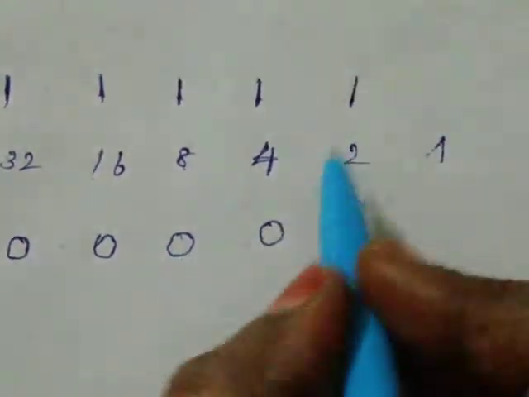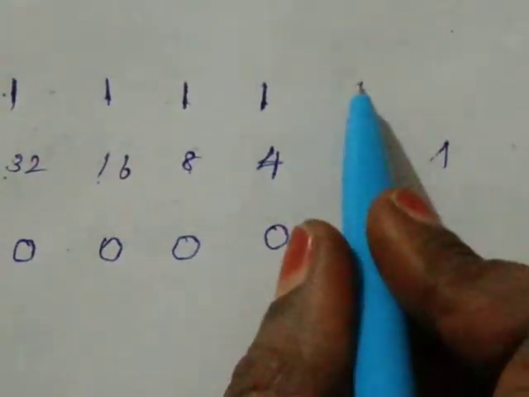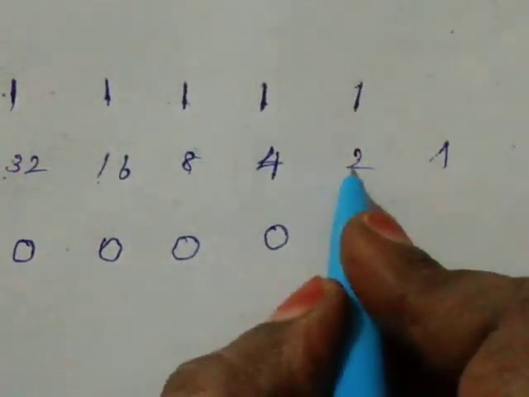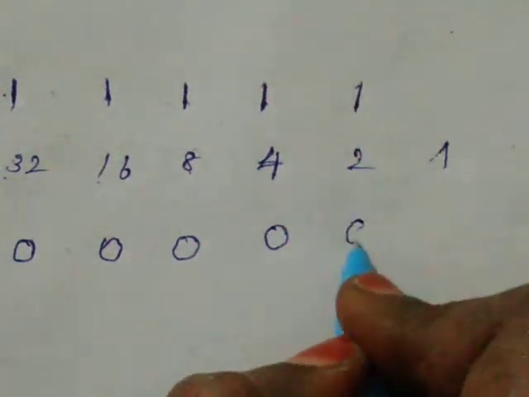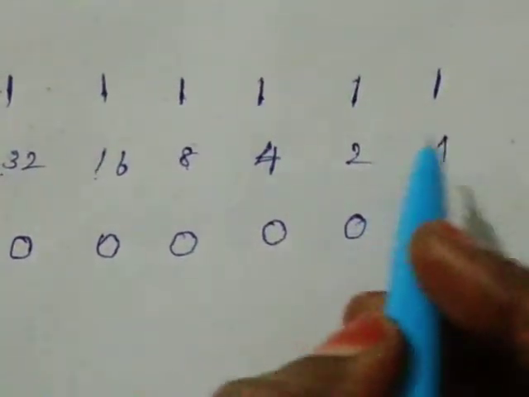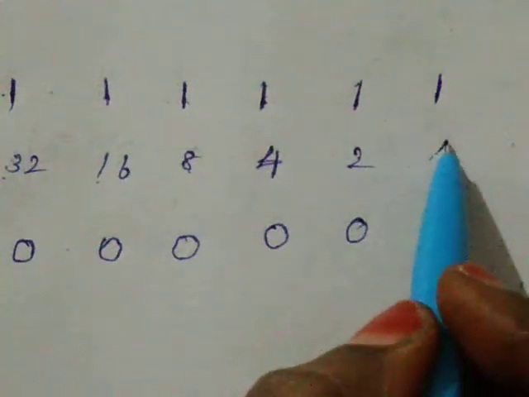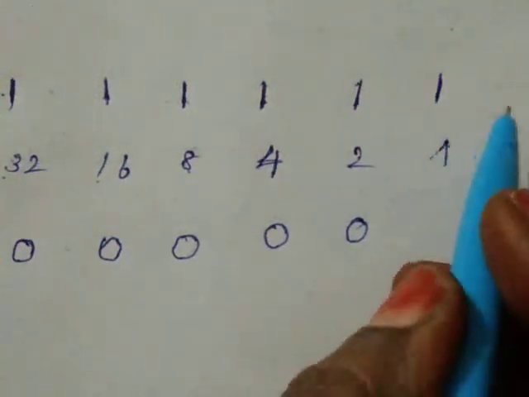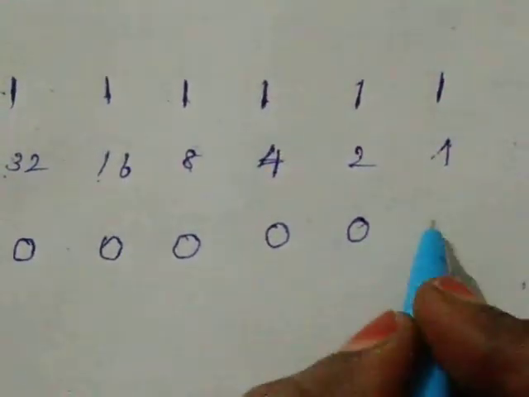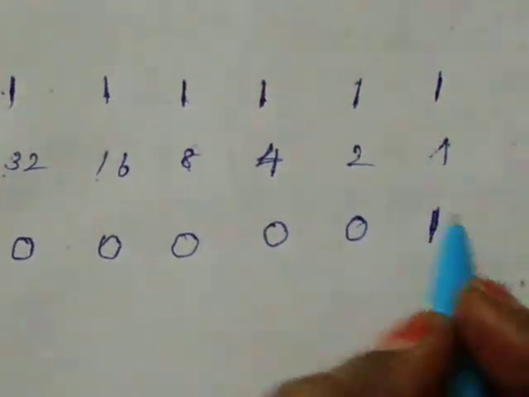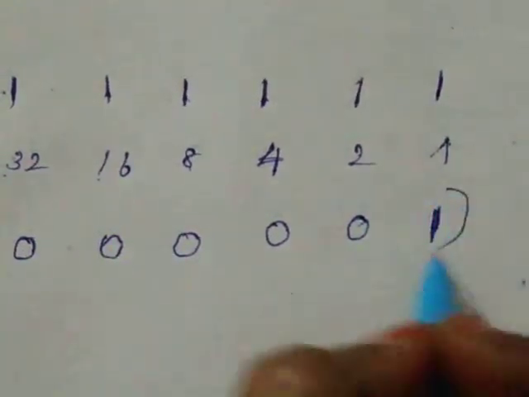Also 2 is greater than 1, so we put 0. Here 1: we can subtract 1 minus 1, and we get 0. Since we can subtract, we put 1. So this is the equivalent binary number for this number.